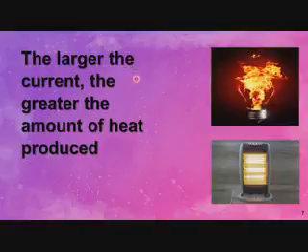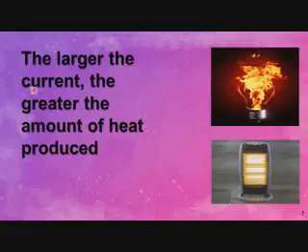So the larger the current, the greater the amount of heat produced. The amount of heat that is produced in any electrical appliance depends upon the amount of current. So if larger current is used, then large amount of heat is produced, and if small current is used, less amount of heat is produced.